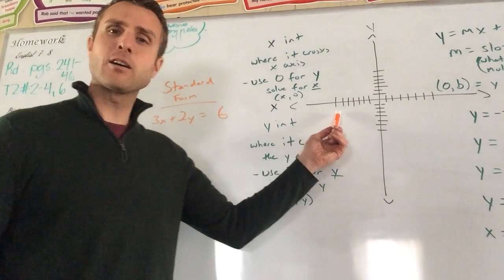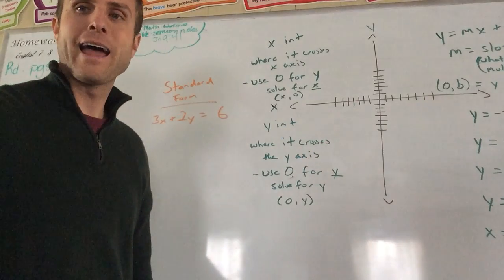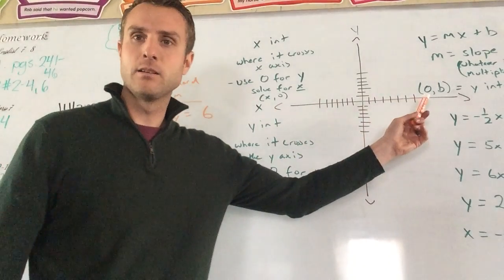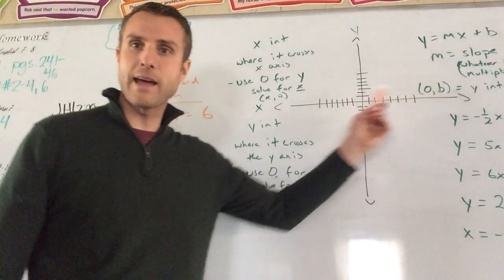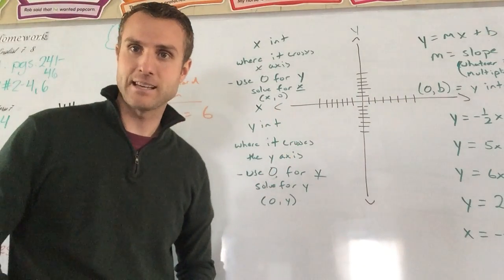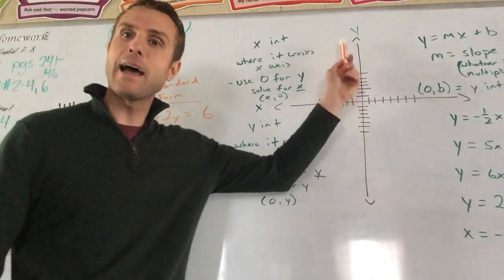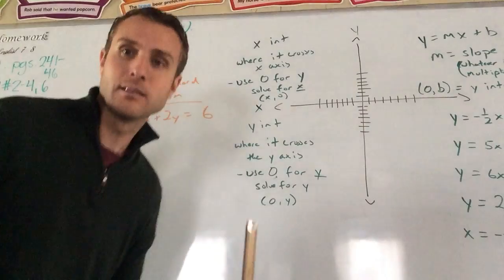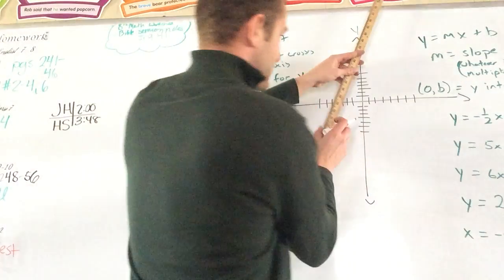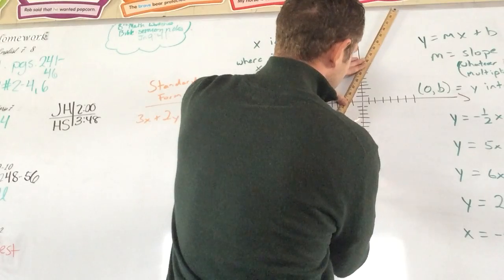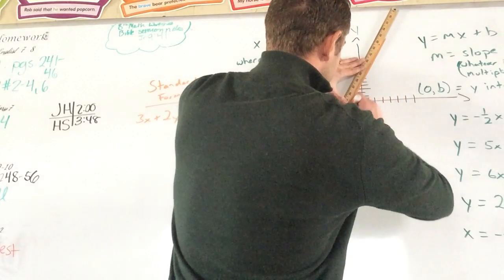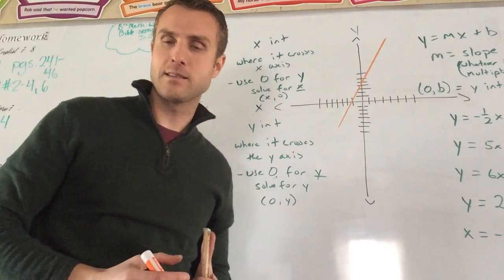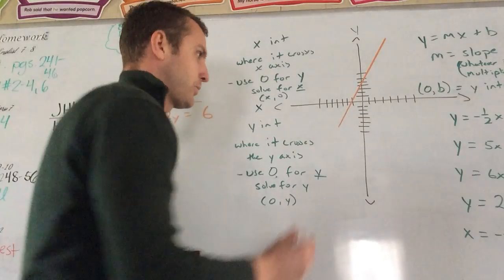Well, remember on my Cartesian plane, on my graph, I have a vertical line up and down, and I have a horizontal line. My horizontal line, left and right, is my x-axis. My vertical line up and down is my y-axis. So when I have a line on the graph, for example, this line right here, it will cross the x-axis at one point and the y-axis at one point.